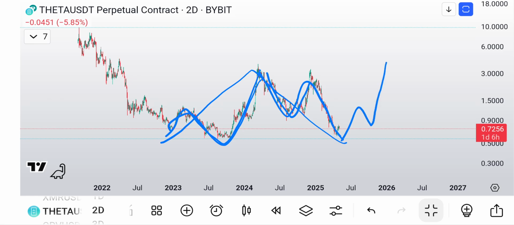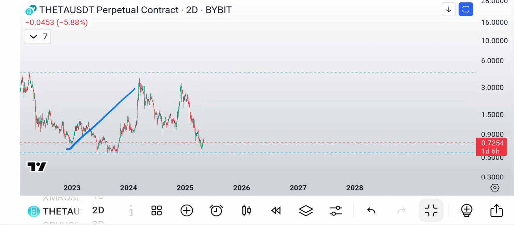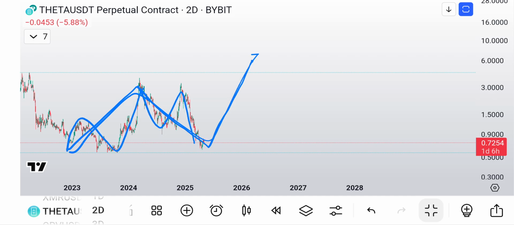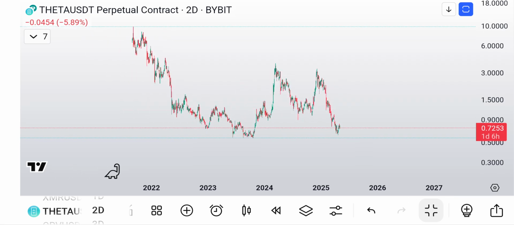So 1, 2, 3, 4, 5. And what does that become? That becomes 1, 2, 3. It becomes a 3-wave move, where each part of that 3-wave move has 3 itself, or 5. So that's exactly what I think is happening here.